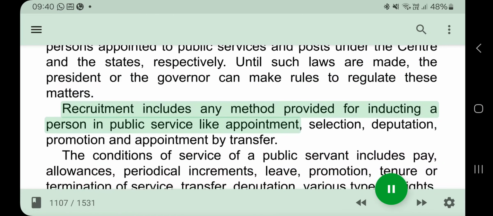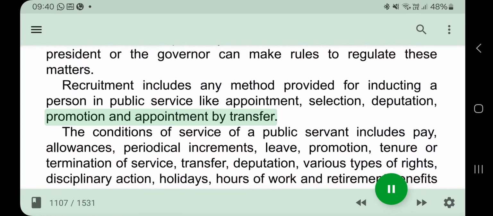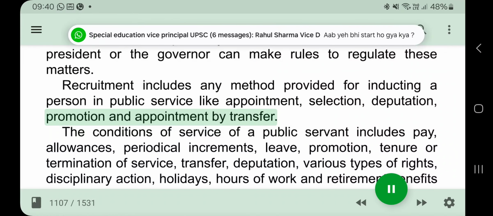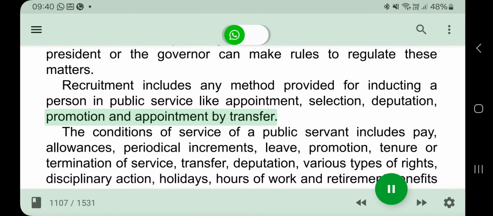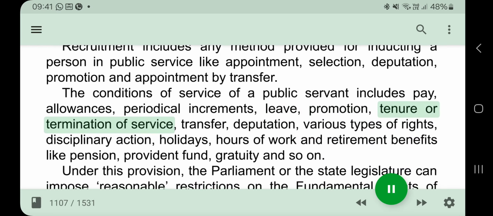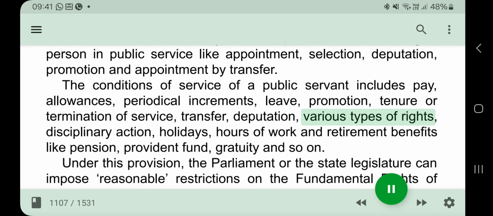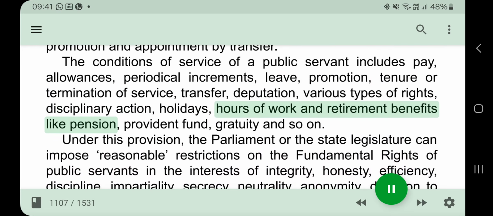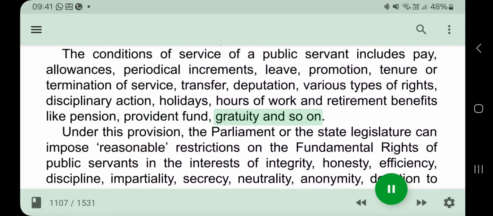Recruitment includes any method provided for inducting a person in public service like appointment, selection, deputation, promotion and appointment by transfer. The conditions of service of a public servant includes pay, allowances, periodical increments, leave, promotion, tenure or termination of service, transfer, deputation, various types of rights, disciplinary action, holidays, hours of work and retirement benefits like pension, provident fund, gratuity and so on.